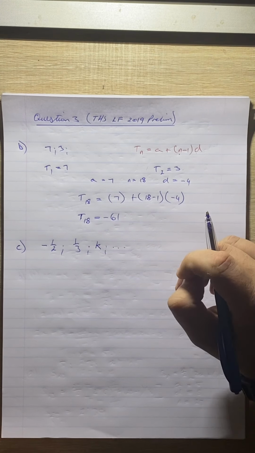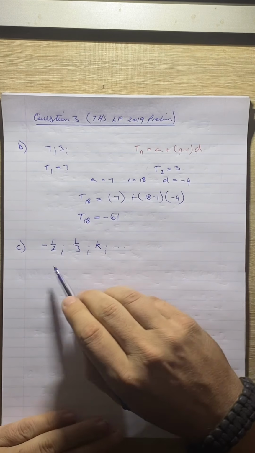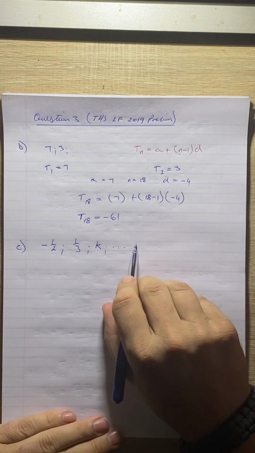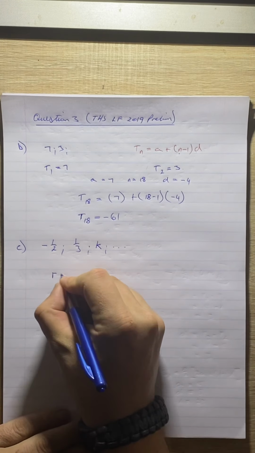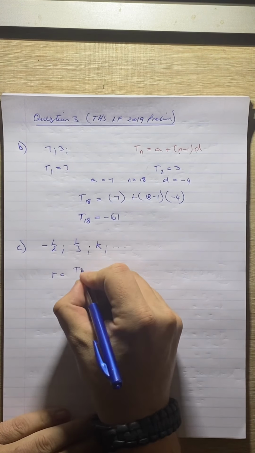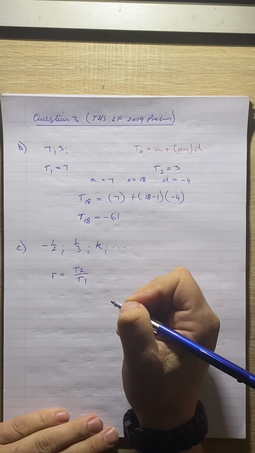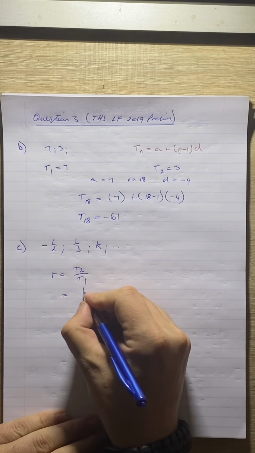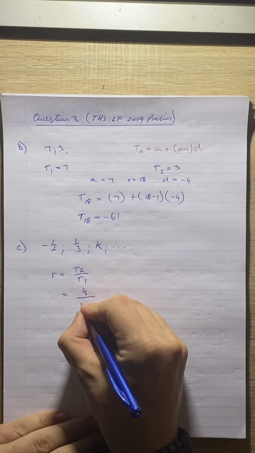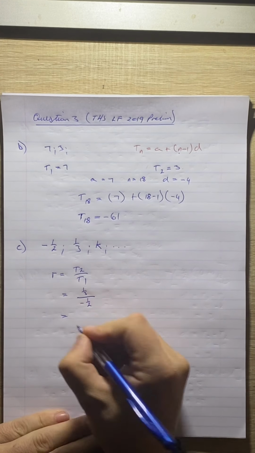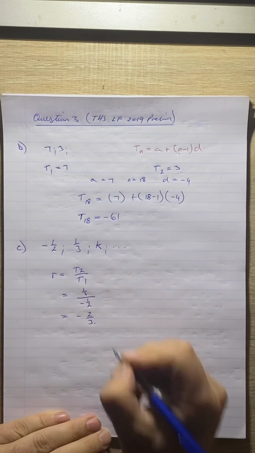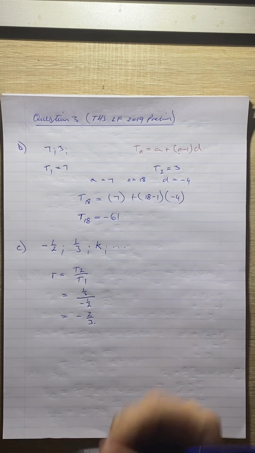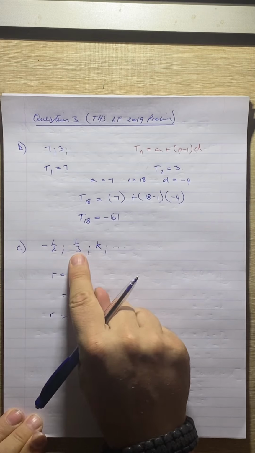I think the easiest way would be finding how we get from term to term. Because it's geometric, the common ratio would be T2 divided by T1. In this case, it would be 1 over 3 divided by minus a half, and that would give us minus 2 over 3. So that's our common ratio, and that's what we're multiplying by each time.